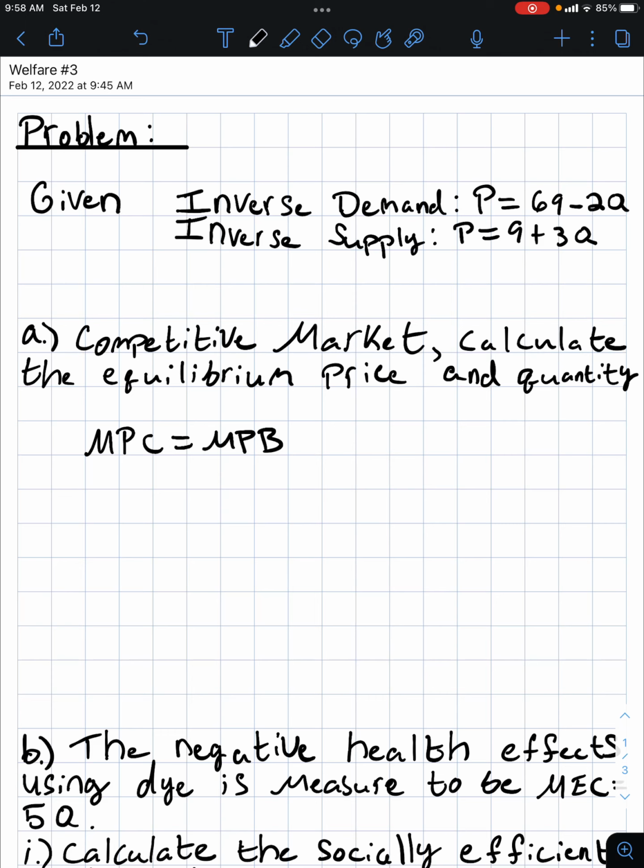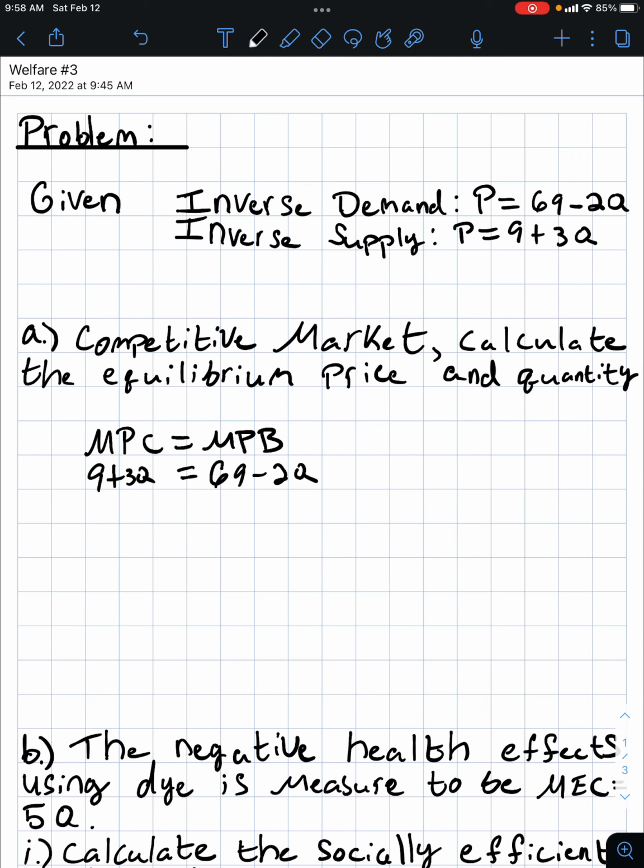We are given an inverse demand of P equals 69 minus 2Q, and that translates to our marginal private benefit, 69 minus 2Q, and we have a marginal private cost of 9 plus 3Q, which translates to our inverse supply.